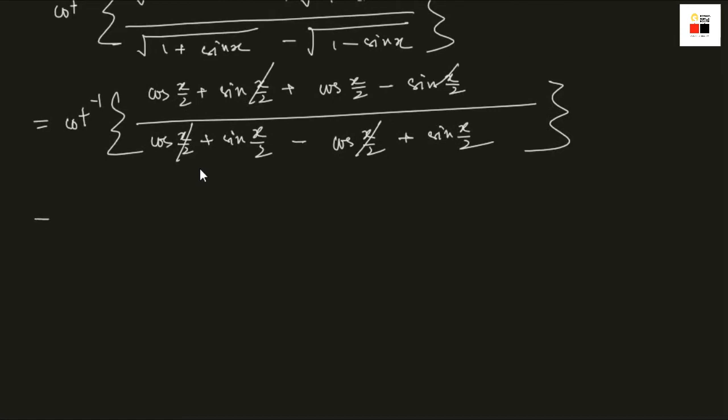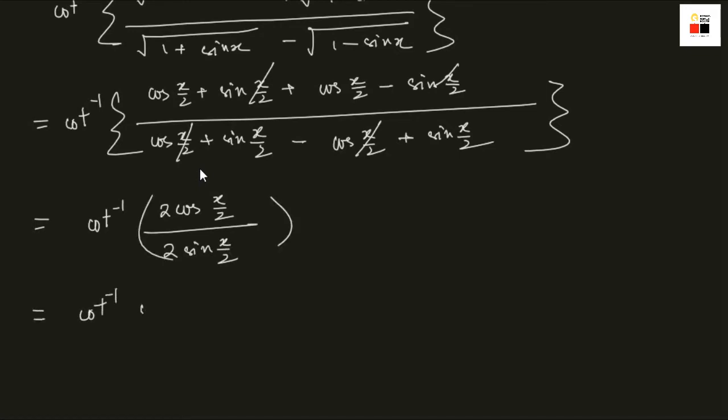This is equal to cot inverse of 2 cos x by 2 divided by 2 sin x by 2, which is cot inverse of cot x by 2. This is equal to x by 2. This is the right hand side, proved.